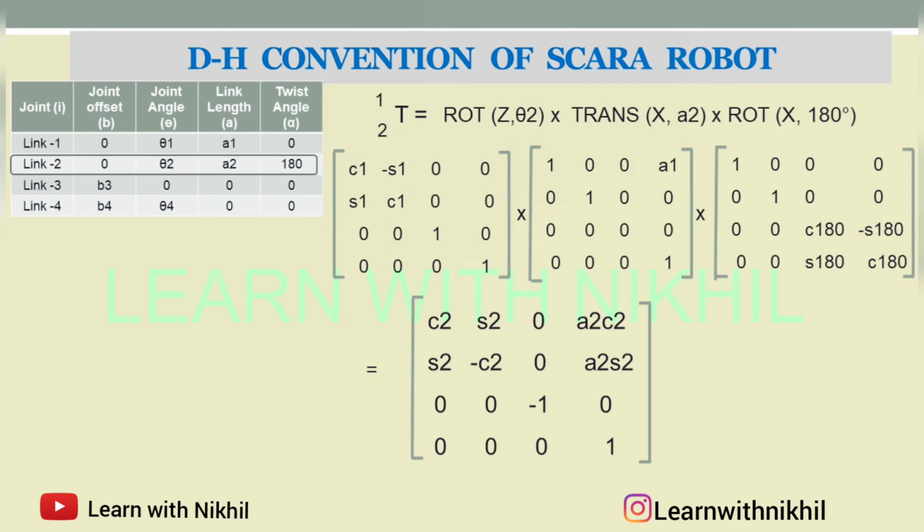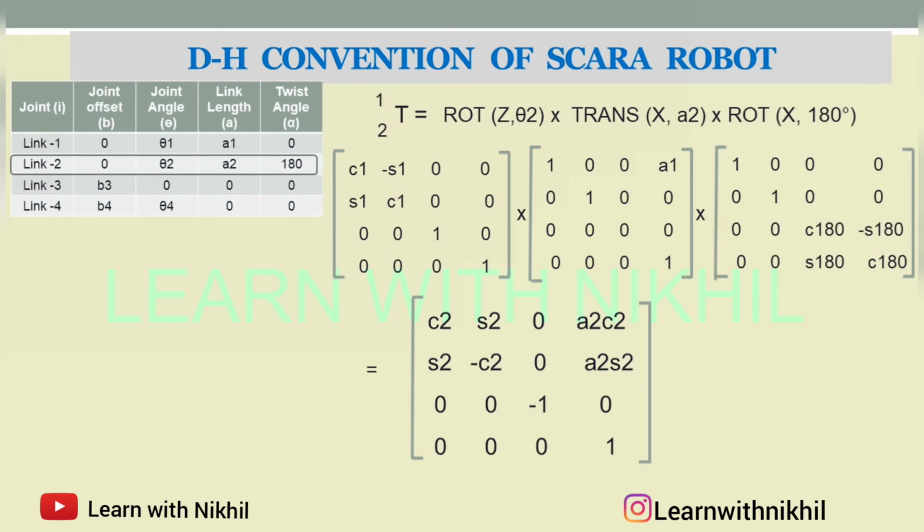When you substitute and multiply all these 3, you will get the transformation of 2 with respect to 1, that is this matrix, cos theta 2, sin theta 2, 0, a2 cos theta 2, likewise all the rest. So this is the value for the transformation of 2 with respect to 1.